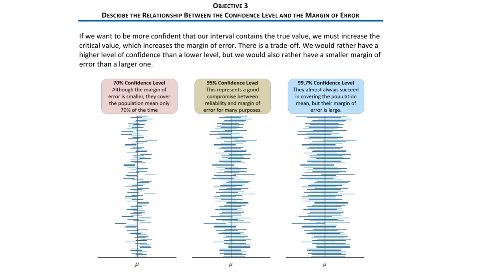So this low success rate makes the 70% confidence level unacceptable for practical purposes. The rightmost diagram always succeeded in covering the population mean, but their margin of error is large. So the good compromise between reliability and margin of error is the 95% confidence interval.